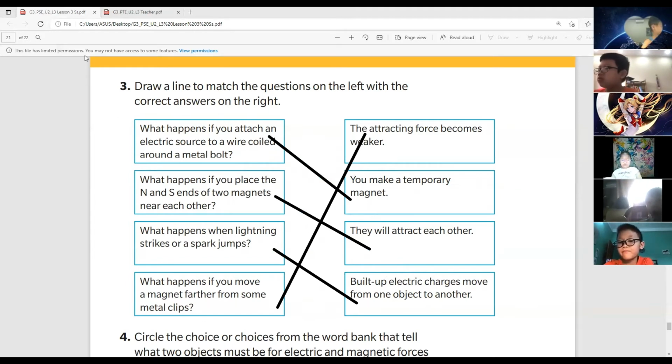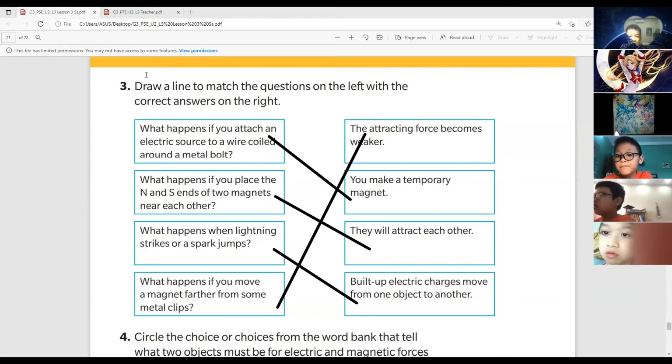So guys, read each answer and then tell me if you think it's right. So Jack Vu, can you read the first one for me? What happens if you coil an electric wire around a metal board?